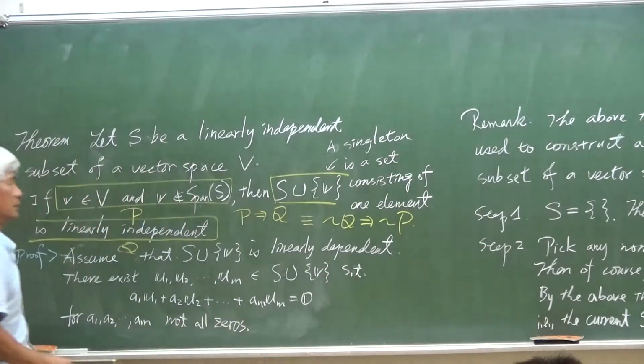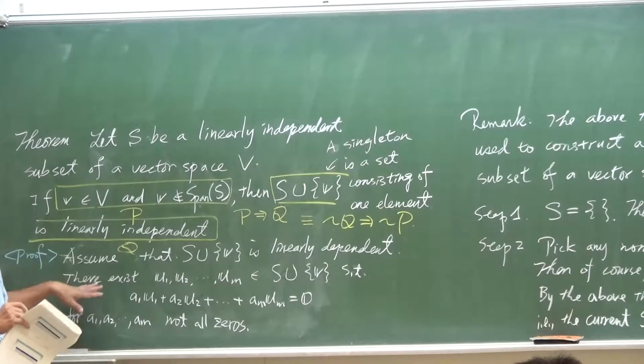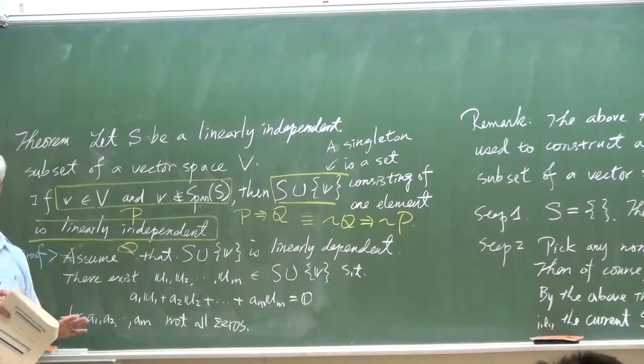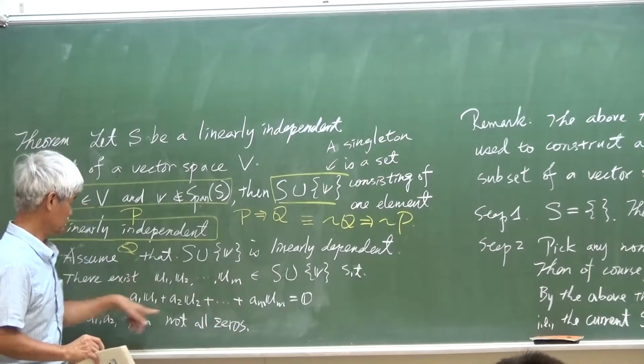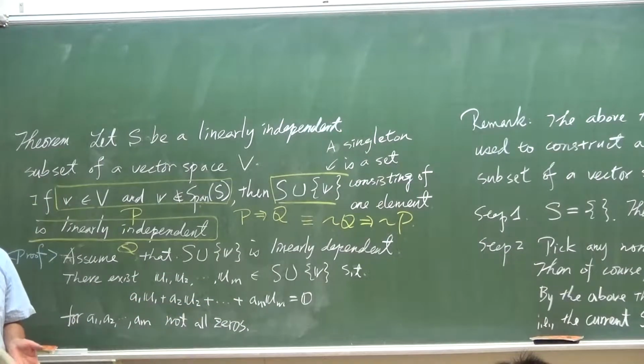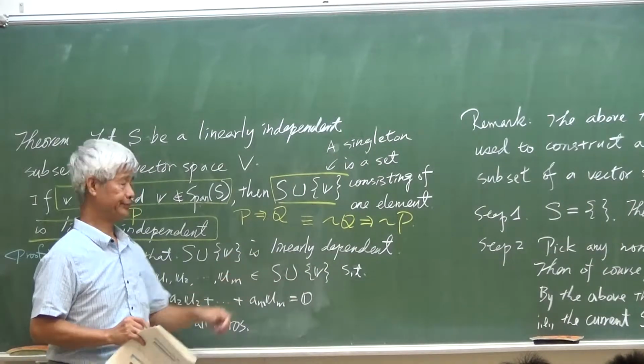We must have a non-trivial linear relation, which is the definition of linear dependence. So there exists such a non-trivial linear relation in the union.